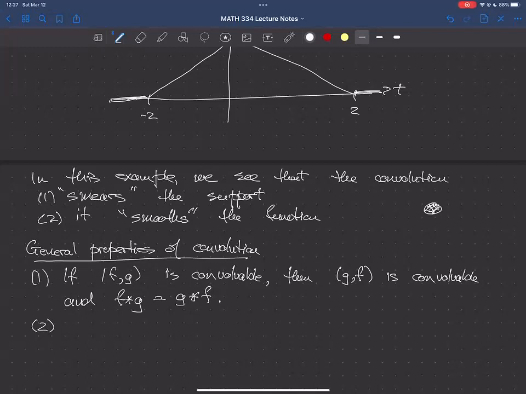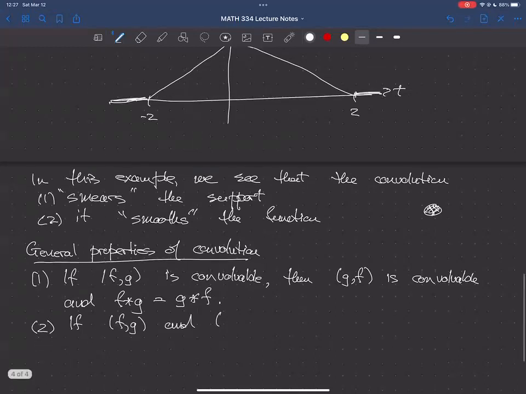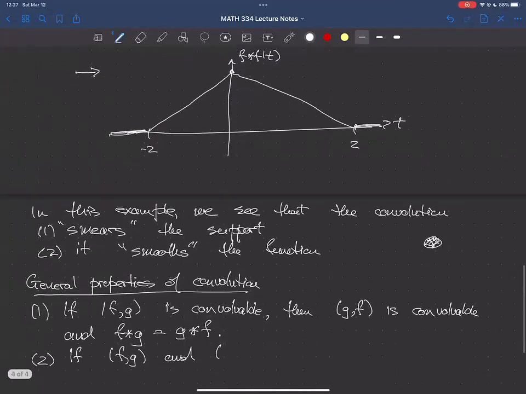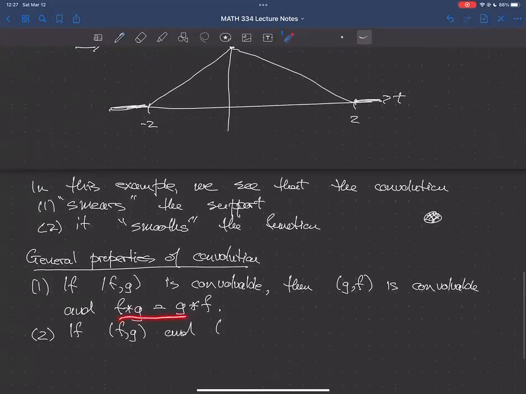Okay, it's also linear. This is very elementary. It just follows from a change of variable. And similarly, this is elementary. It just follows from the linearity of the integral.